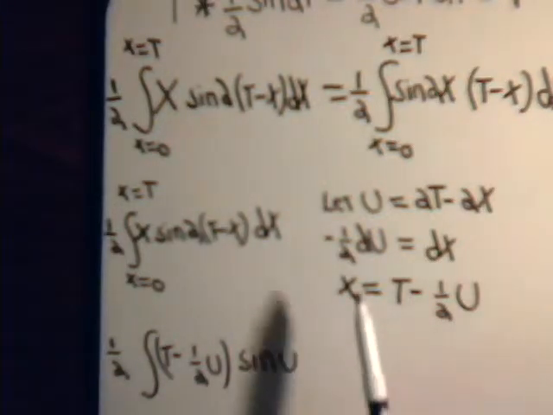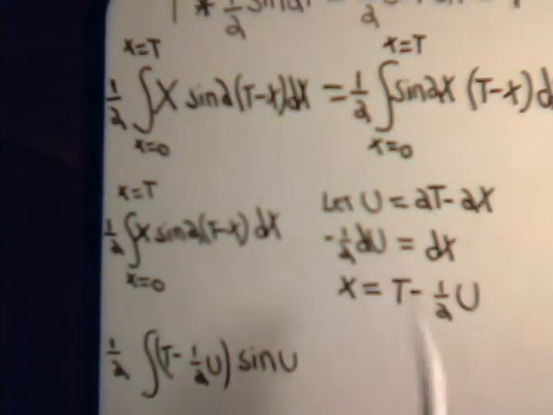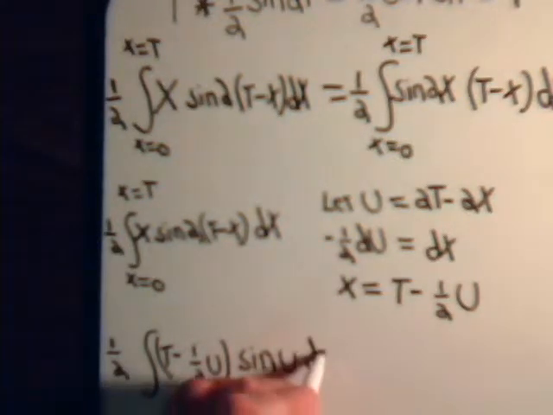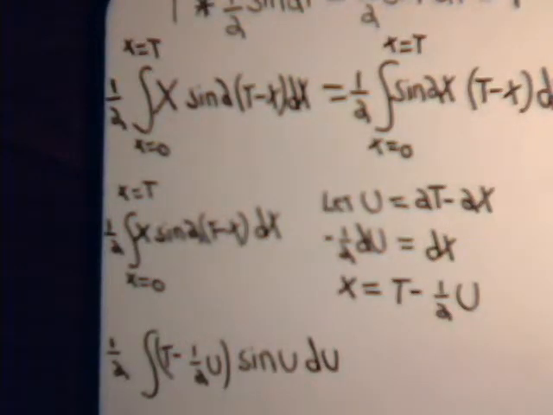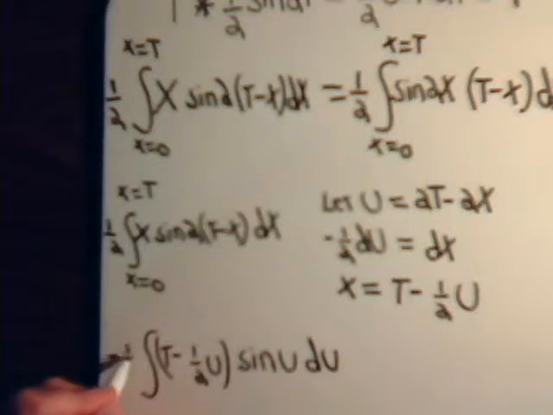And dx, that's minus 1/2 du. Then minus 1/2 times 1/2. That will give us minus 1/4 on the outside.